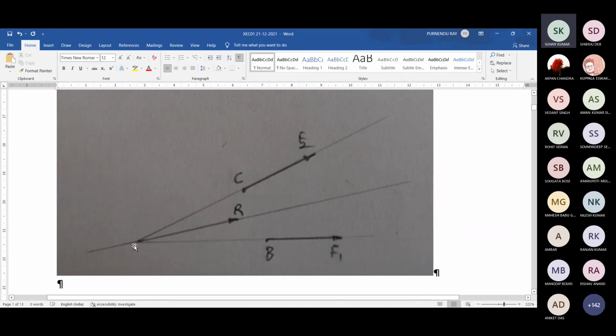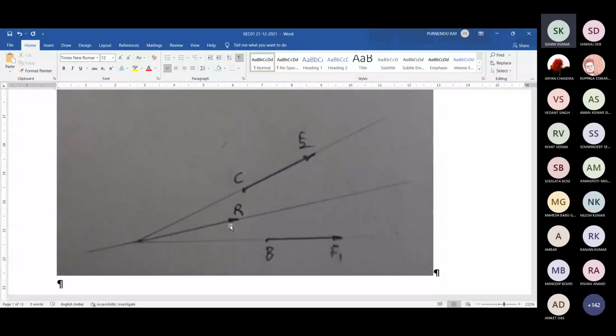Then only we can think of the criteria of equilibrium. So first of all, they must be concurrent. So if different locations B and C are given, extend these two lines of action. Through this point, the third force will act. Sometimes we call it the equilibrant, opposite to that resultant. So we must remember that the condition of equilibrium for three forces in a plane is that they must be concurrent.